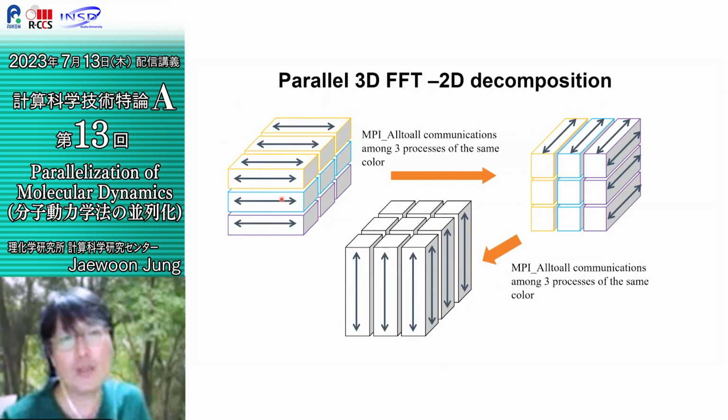And also for this one, we need MPI all-to-all communication among three processors in this way. After that, to perform FFT in this direction, the three processors need to perform MPI all-to-all. So in this case, we need two MPI all-to-all communications.